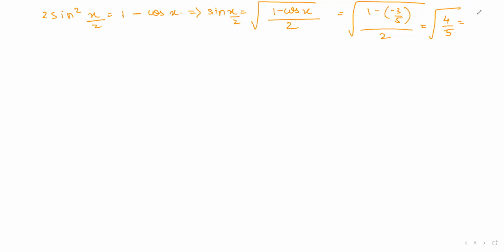This is equal to 2 upon root 5, because all trigonometric functions are positive in the first quadrant. So your sine x by 2 will be equal to 2 upon root 5 into root 5 upon root 5, which is equal to 2 root 5 upon 5.